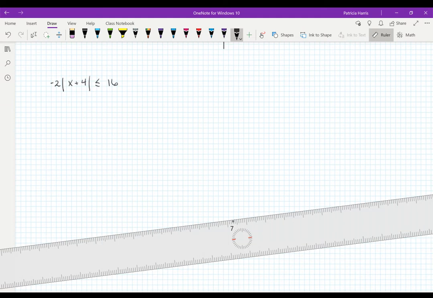Like that, just a little bit. Okay, so first thing I want to do is make sure that my absolute value is isolated by itself on the left and my numerics are on the right. So I'm going to divide by a negative 2. When you divide by a negative, you want to make sure that you are switching your inequality around.